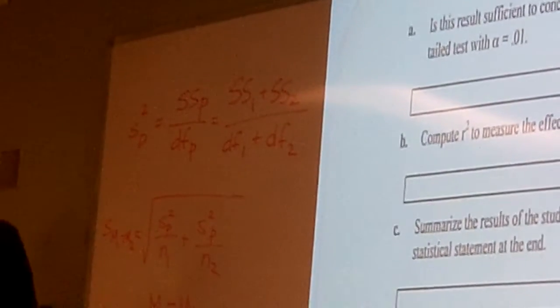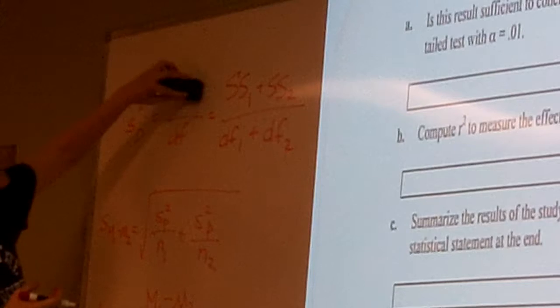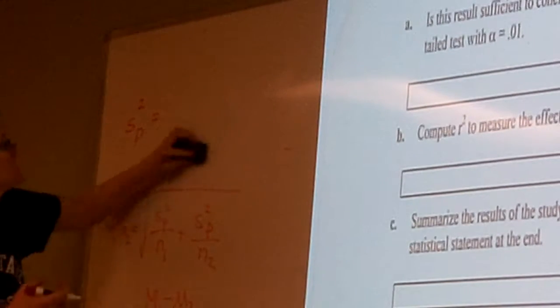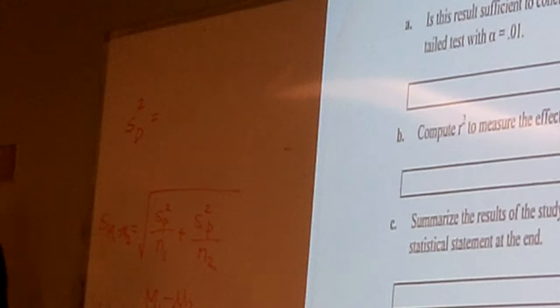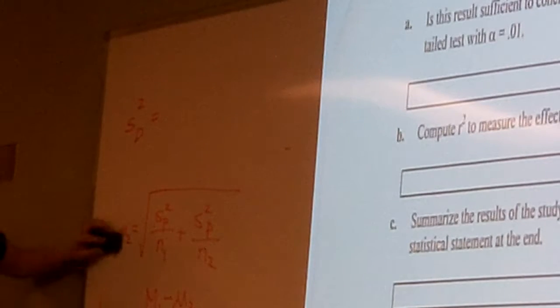So typically, I give you some measure of variance. So how do I get that value?